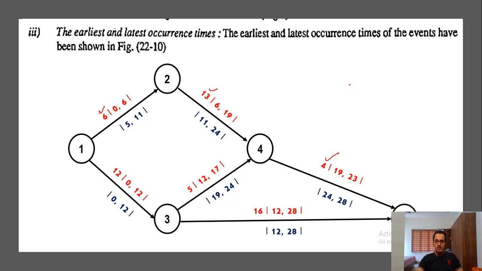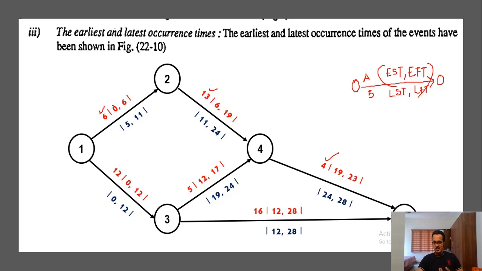Now what we have to do next is, just as in the critical path method, find the values of EST, EFT, LST, and LFT. The same concept is used here. First, in the forward pass, we calculate the values of EST and EFT.